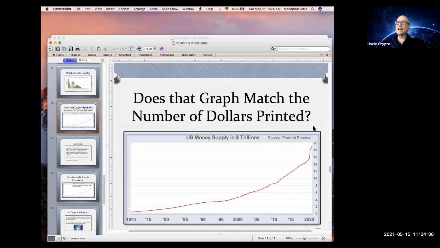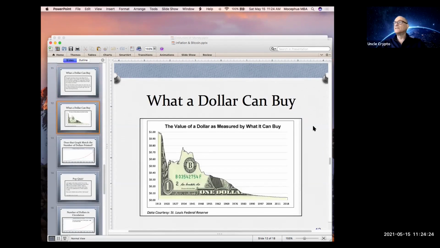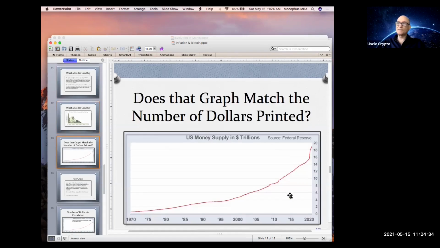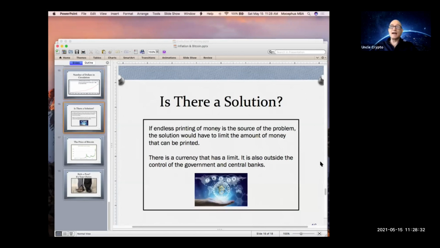And you'll notice that as the money supply increases, the amount of money circulating and in bank accounts, as that increases, it goes way up. And you remember, that's what happened to the dollar. So 1970 is right about here. And so this graph matches that graph. So do we have a condition where the more money we print, the less value the dollar has? That leads us to say, well, is there a solution?